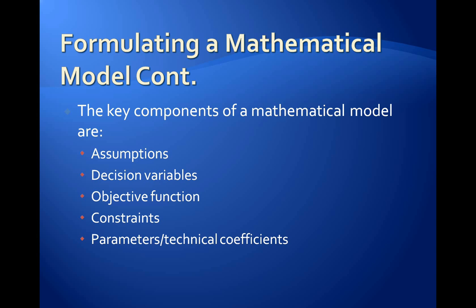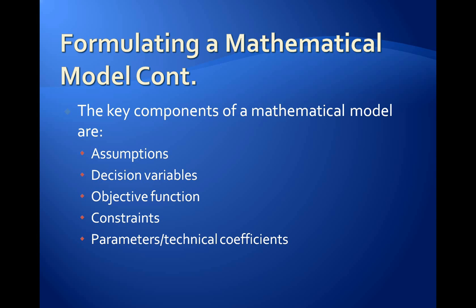Then you identify the decision variables. These are the decisions that you are interested in. For example, how much quantity do I need to produce? That's a decision variable. If you want to maintain a certain ratio between different types of products that are complementary in nature, what is that ratio going to be? That again is a decision variable.